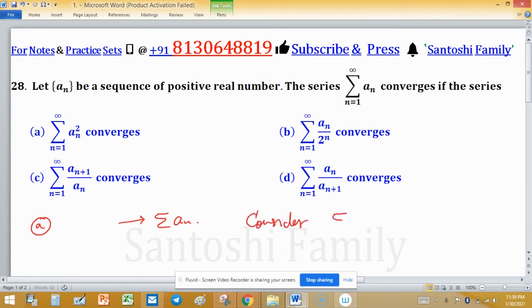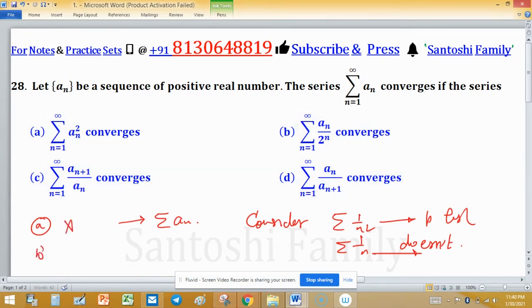Consider summation 1 upon n square. This converges by the p-test, but summation 1 upon n doesn't. We are all familiar that this is not convergent. You can approach this by either the definition or the Cauchy nth test. So option A is not the right choice.